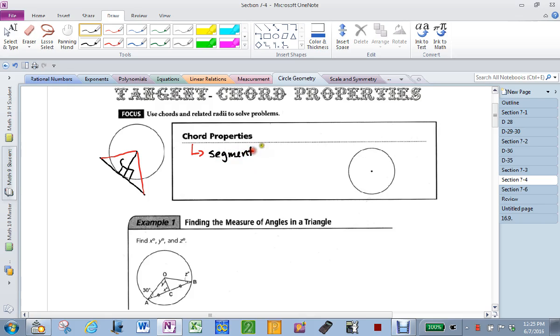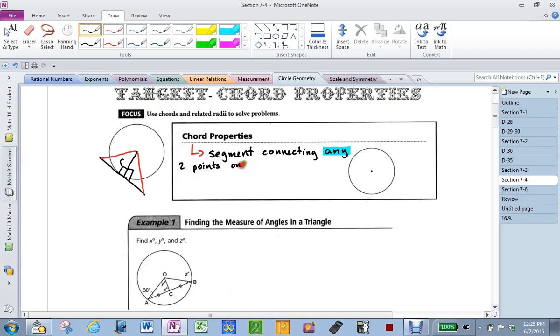Yes. A segment connecting any... Please highlight or underline any 2 points on a circle.